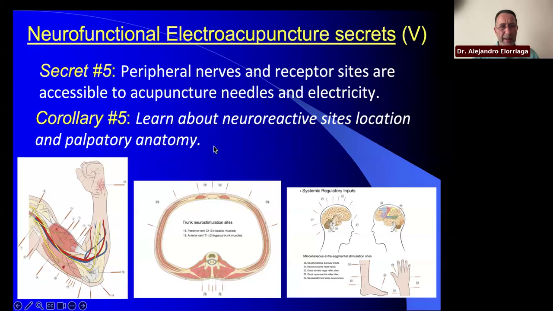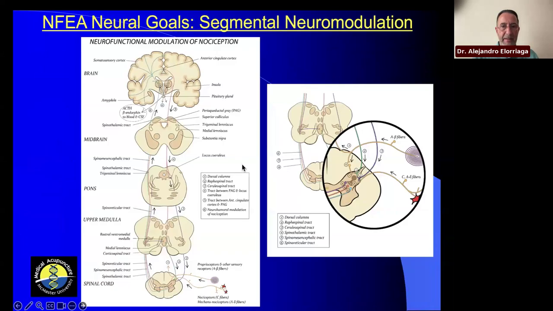Now, when I started developing this, I realized something. I realized that due to the organization of the nervous system, there were these three main areas that I could consider in everything, diagnostic or treatment.